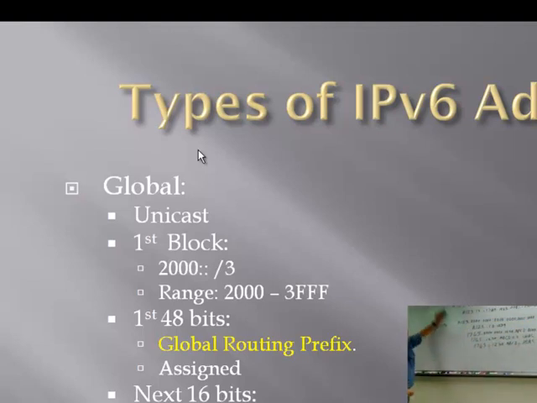I'm going to show you how to subnet this in a little bit. The next thing I want to do is talk about the different types, sort of like Class A, Class B, and Class C, but a little bit different than that.